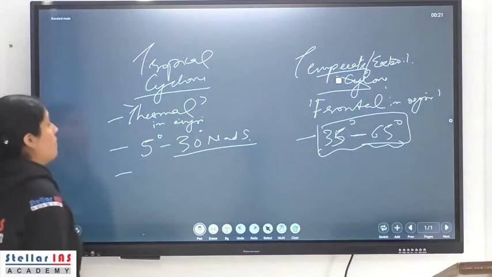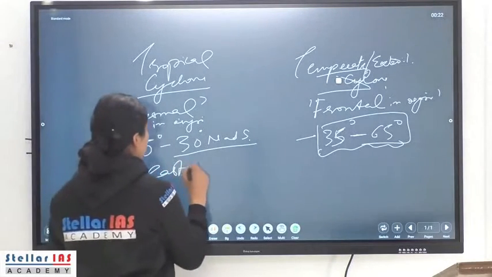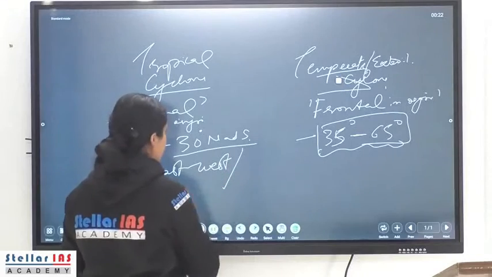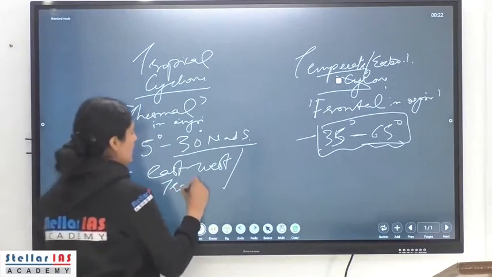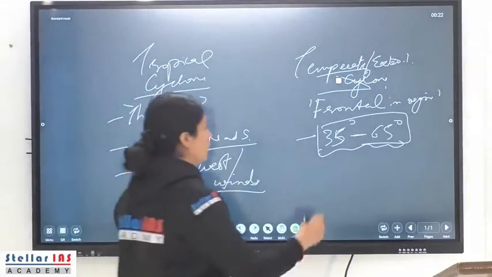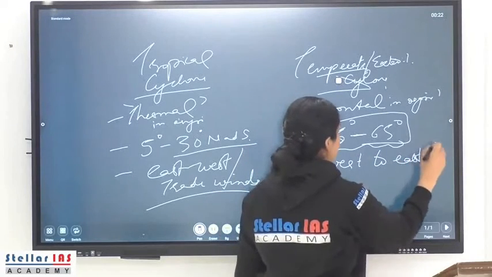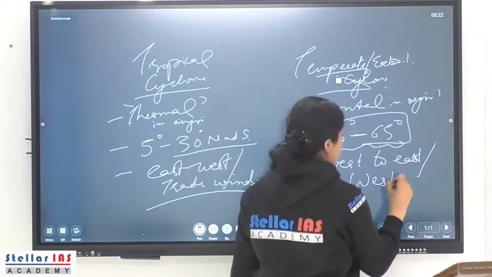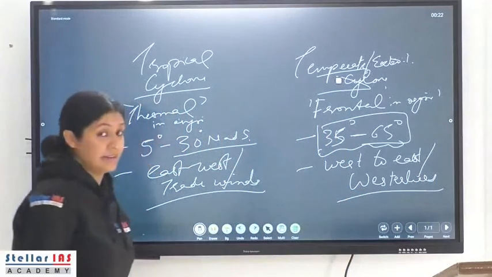Another is the tropical cyclones, they move east to west and they are associated with the prevailing wind system of the region, that is the trade winds, whereas extratropical cyclones, they move from west to east associated with the prevailing wind system of the region, that is the westerlies, right?